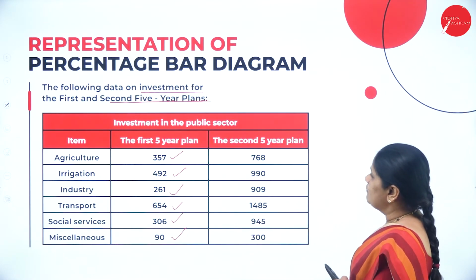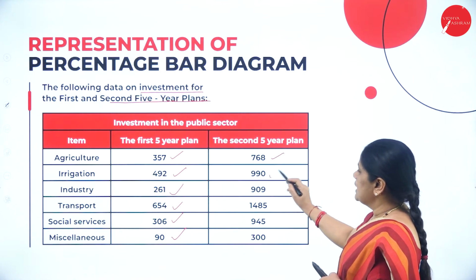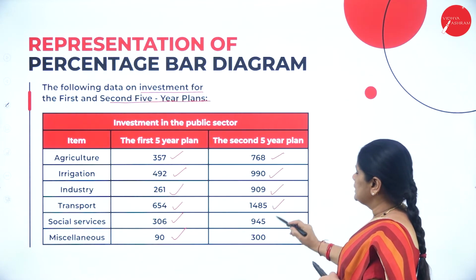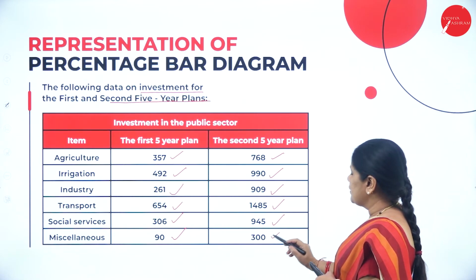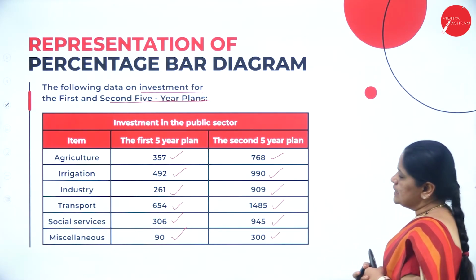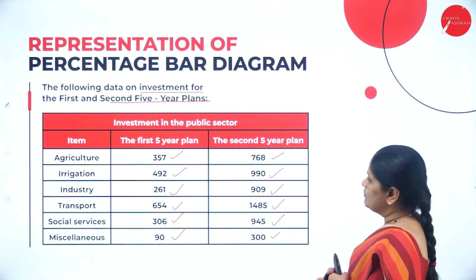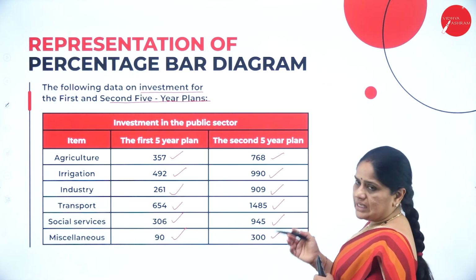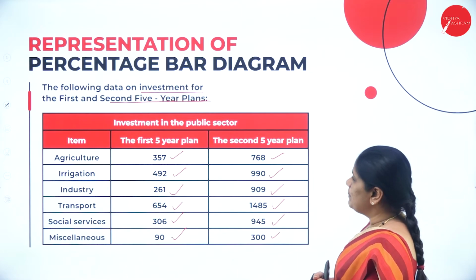In the second 5-year plan, 768, 990, 909, 1485, 945 and 300. So, here we have the outlay for the different sectors of the second 5-year plan.